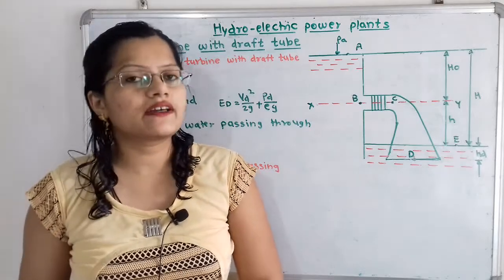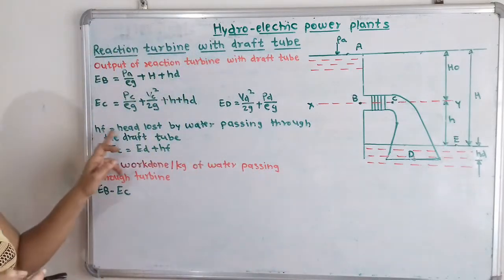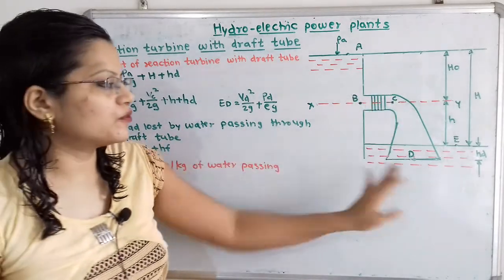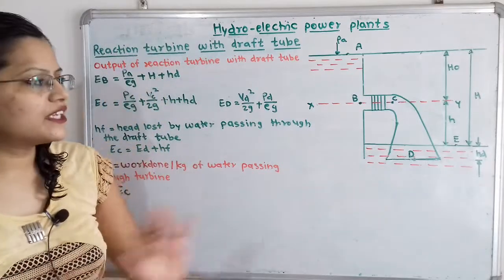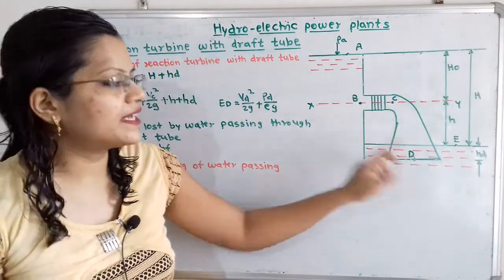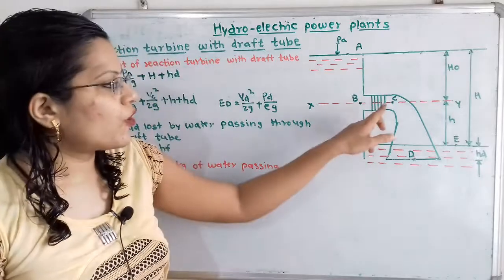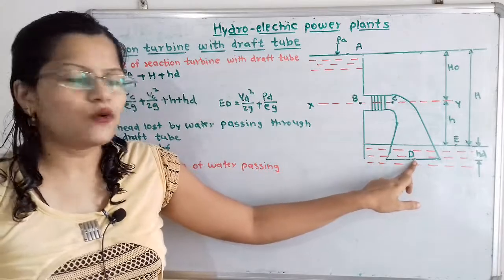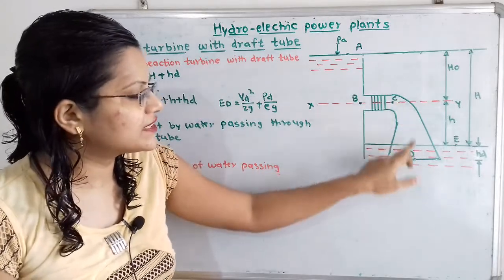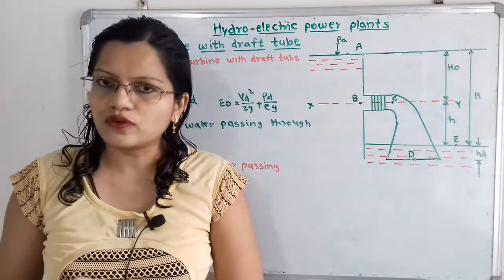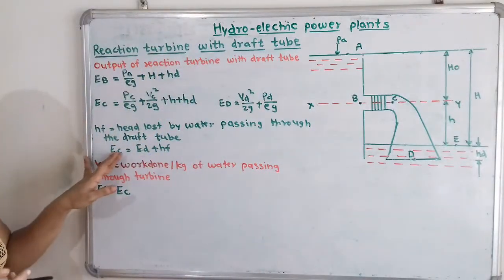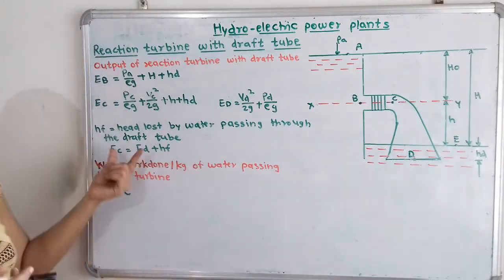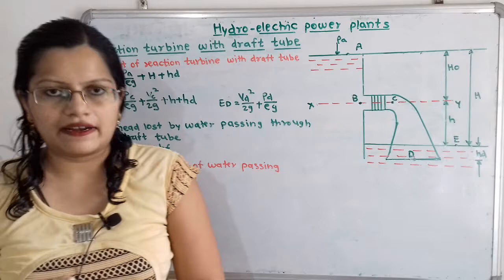So we will consider here Hf, that is small h to the base f, the head lost by water when it passes through the draft tube. How can we define the relation between the energy at point C and the energy at point D? Water enters the draft tube at point C, and the outlet is at point D, and in between there is head loss due to friction. So we can say that energy at point C, that is EC, is equal to ED plus Hf. We will use this relation later.